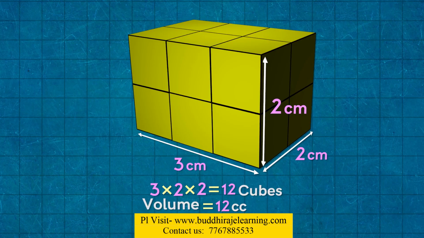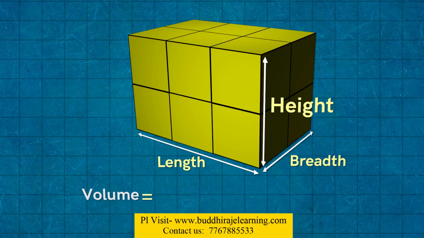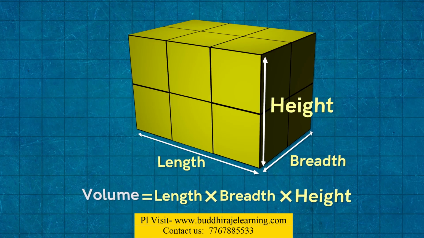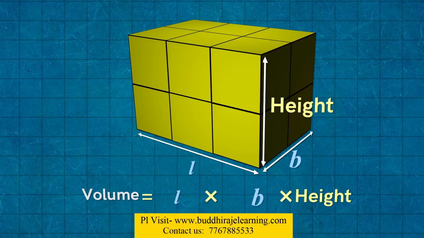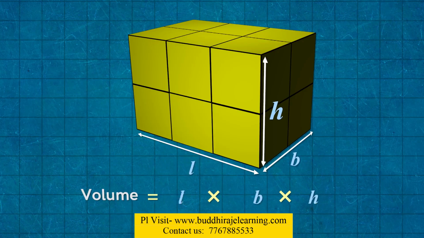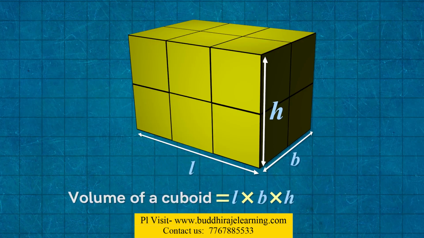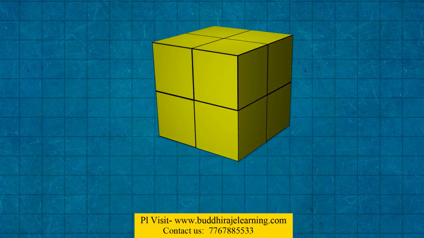From this we get the formula: volume of a cuboid is equal to length into breadth into height. Taking L for length, B for breadth and H for height, volume of a cuboid is equal to L into B into H.